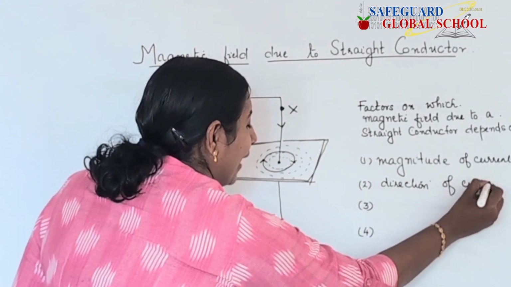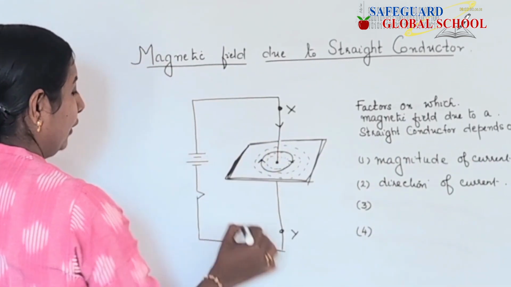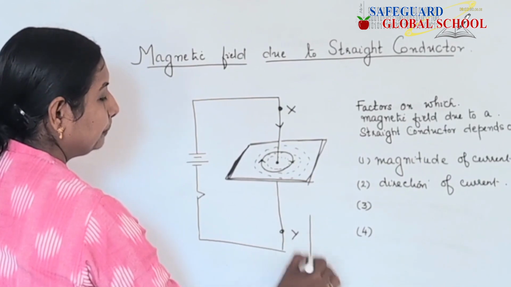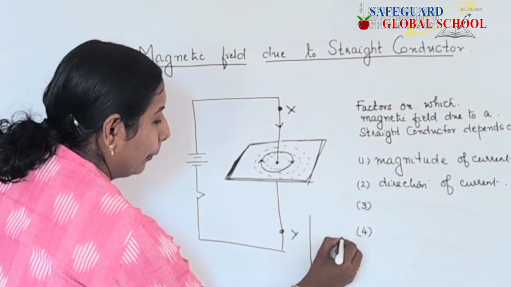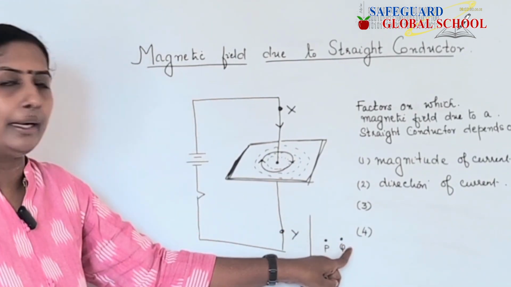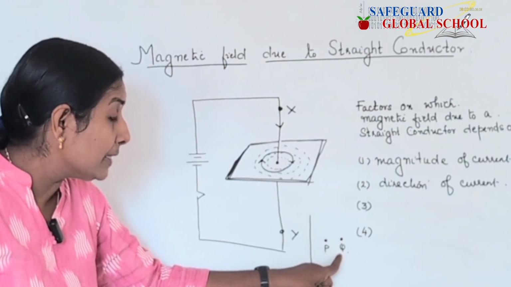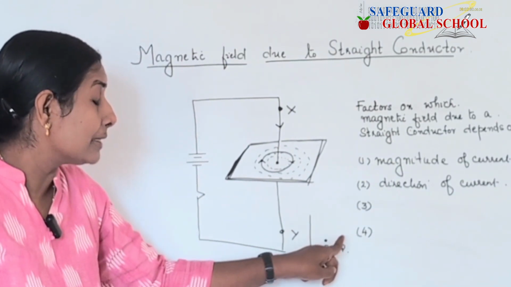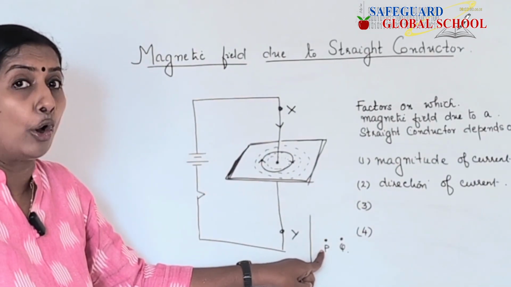Then what is the third factor, children? For example, if you draw a conductor like this, and I have marked a point P here and a point Q here. We know that the point Q is farther from the conductor. So at the point Q the magnetic field is lesser, and at point P it will be stronger.